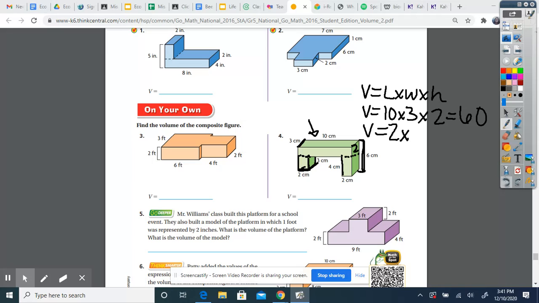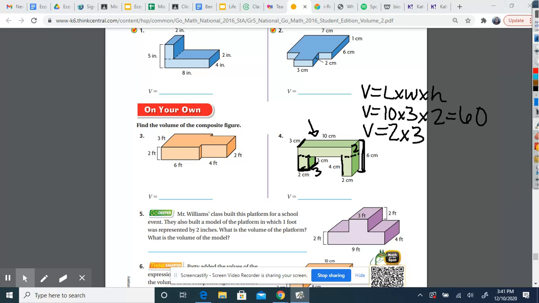So this is going to be 3 as our width. And then our height, we see right here, is going to be 3. It's not going to be 4 because this side is longer. You can see it goes down here than this side. So our height is going to be 3. So then I have 2 times 3, which is 6, and then 6 times 3, which is 18.